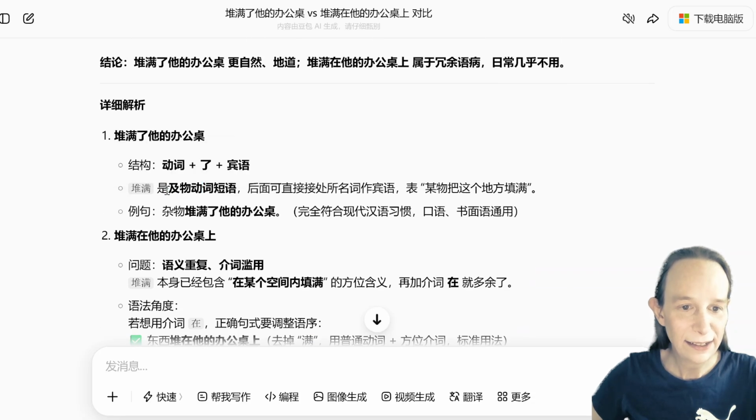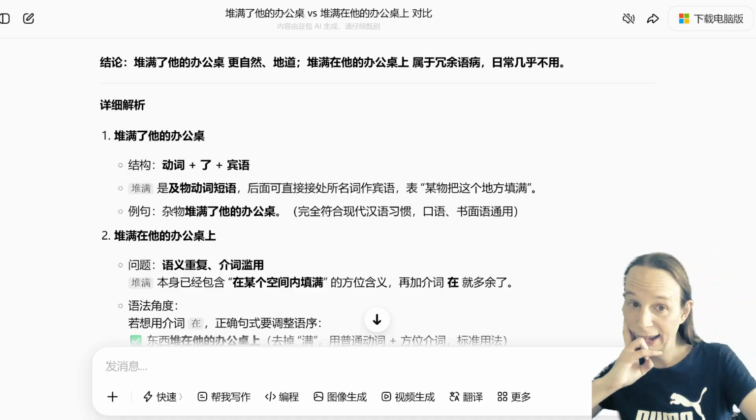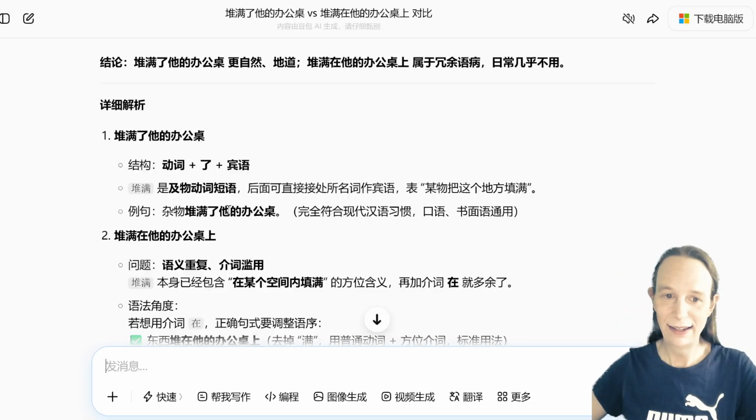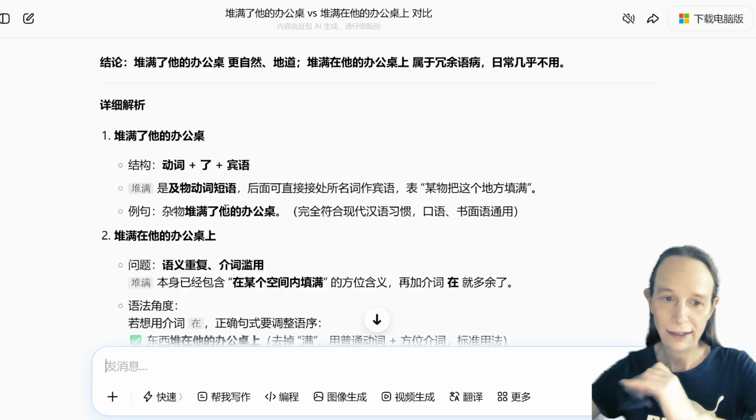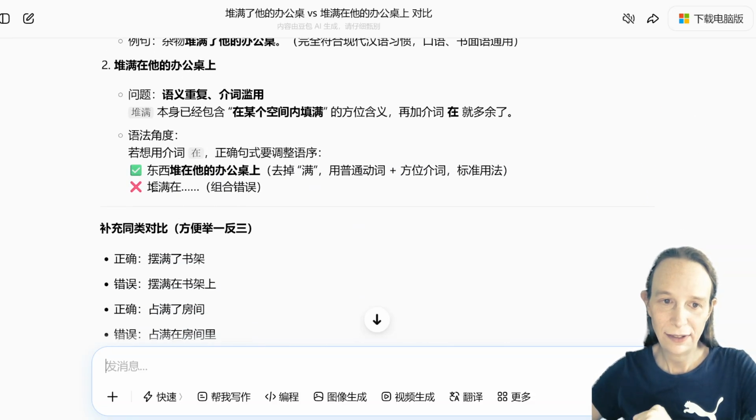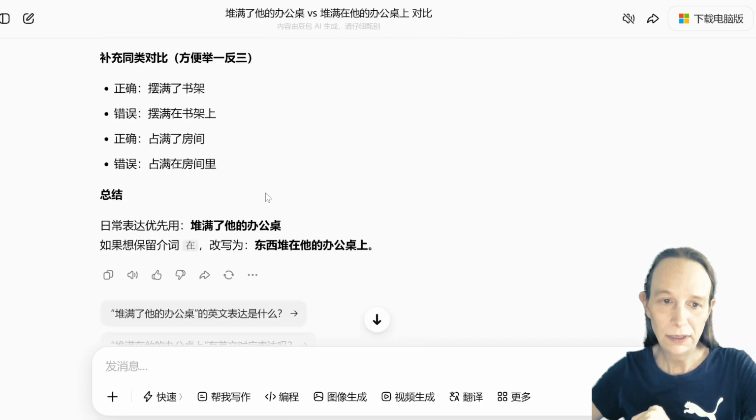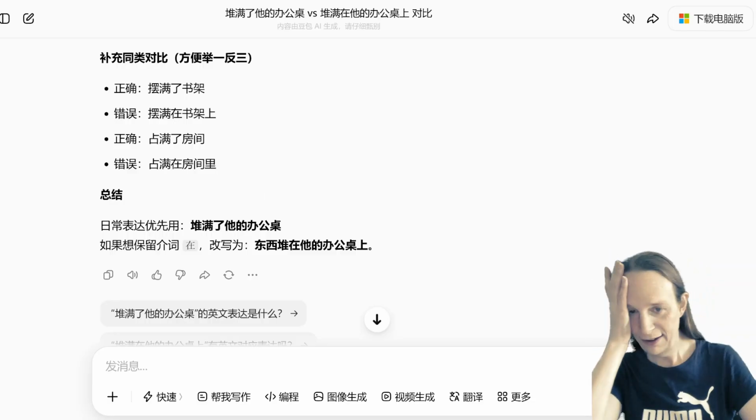So what is this? 及物动词短语. All right, so this is a transitive verb. Okay, 组合错误. So this is wrong.